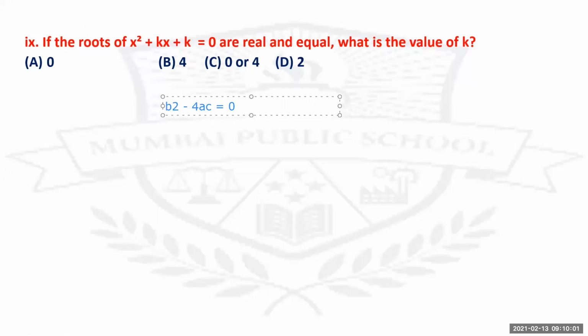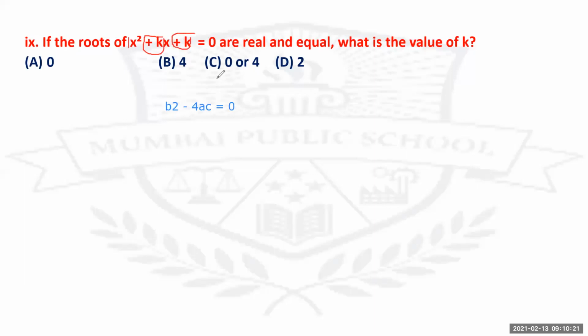Now from the given equation, x square does not have any number, so by default a is taken as 1. The value of b is k, and the value of c is also k.